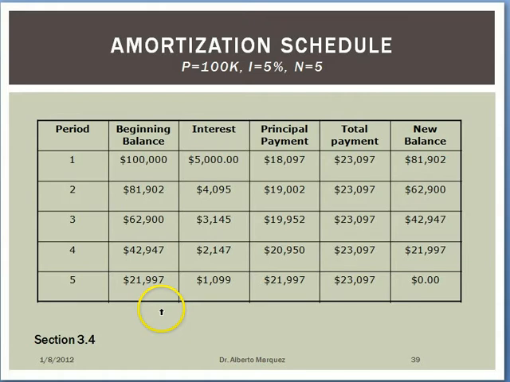A mortgage for 15 years would imply 180 months, and you can actually compute any particular month. Say you wanted to know the 100th month results. You can do that without having to compute the previous 99 rows above. So let's see how we can do that.